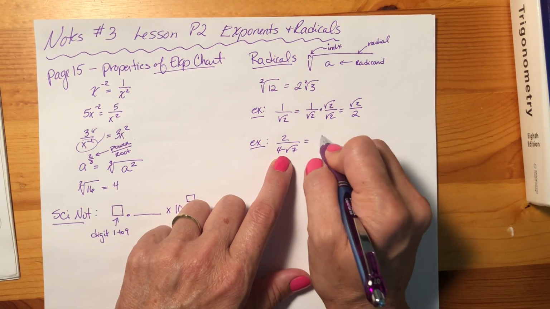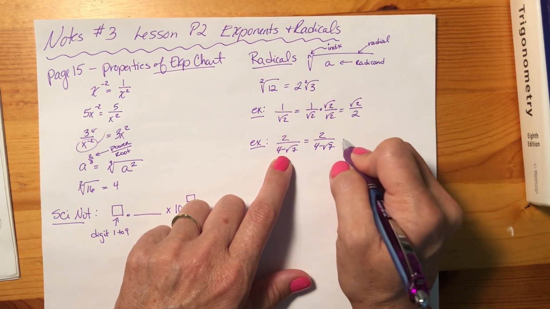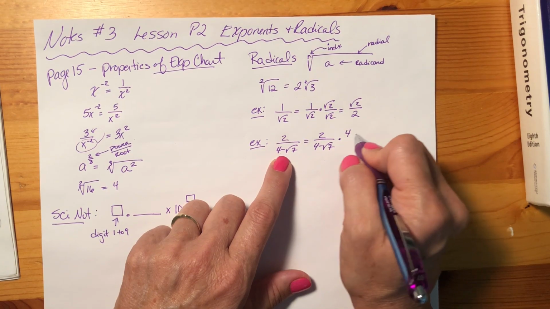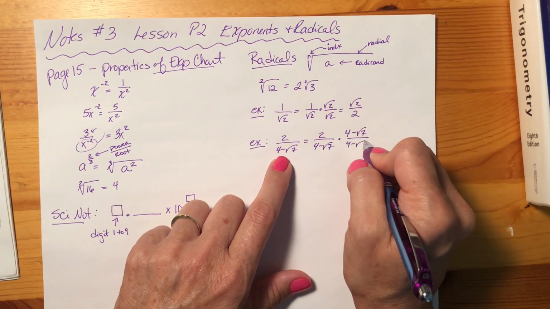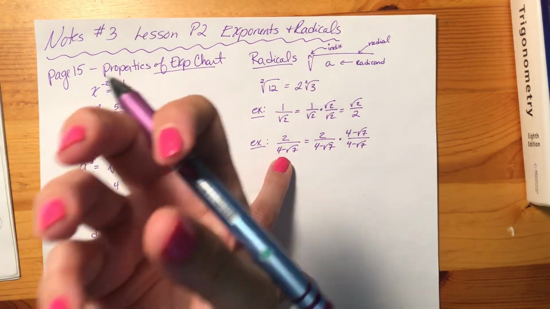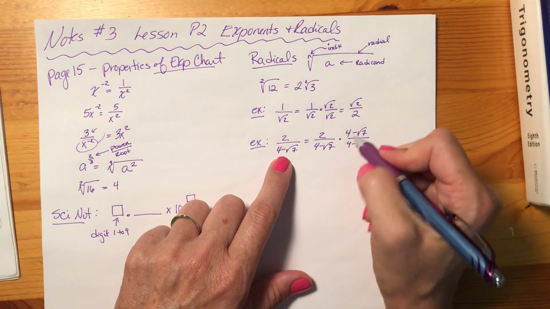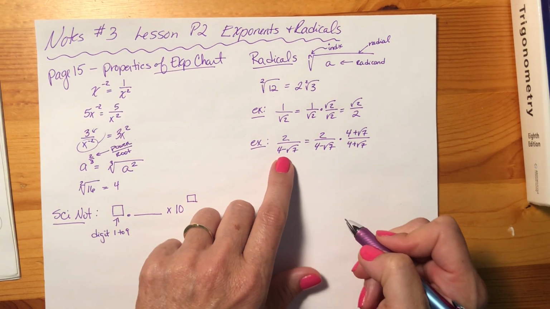Now, if I go ahead and multiply this by itself, if I multiply numerator and denominator by 4 minus root 7 over 4 minus root 7, here's a problem. I'm going to have a middle term, and I want that middle term to fall out. So what I need to do is multiply by the conjugate. The conjugate, remember, is the opposite sign.